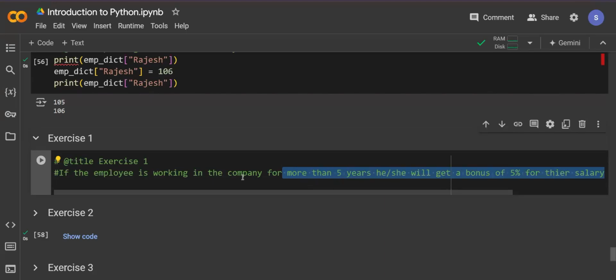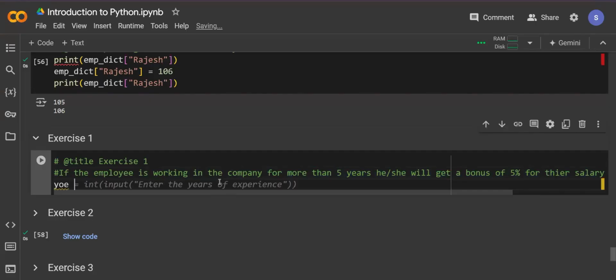So let us write here YOE, years of experience. So years of experience can be just a whole number, that is integer? No, right? It can be a float value also, because let's say the person is working for 3 years and 2 months.